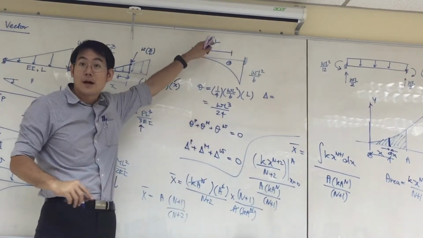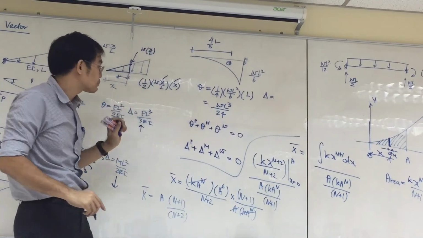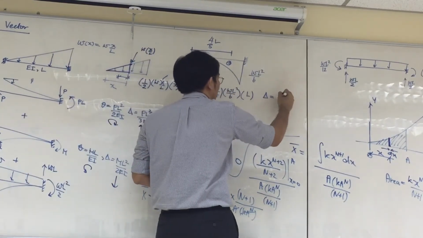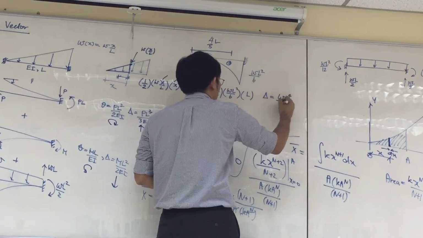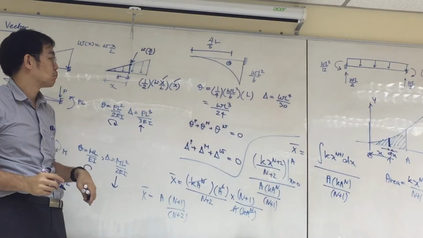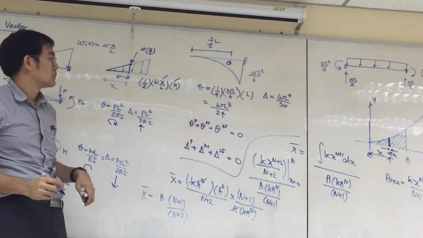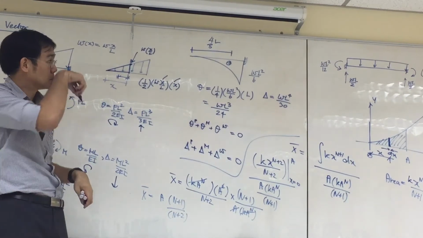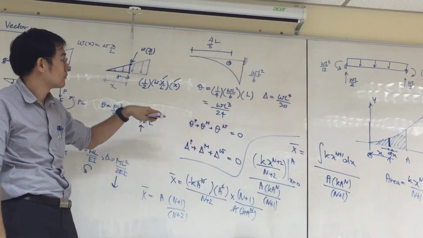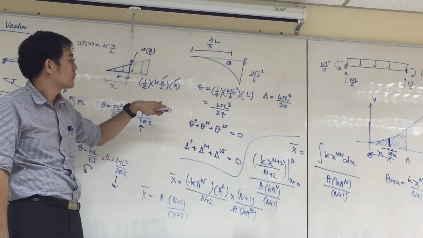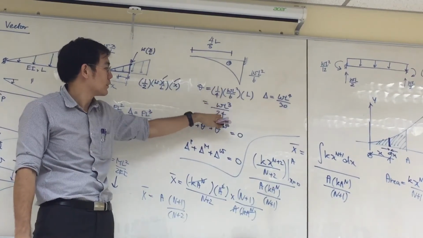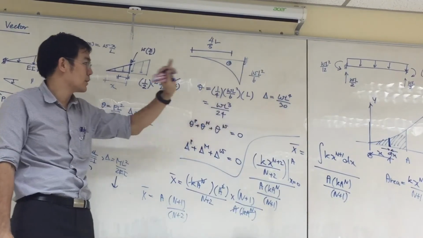So you get 4 over 5. The 4 cancels with this, and you get WL to the 4th over 30.